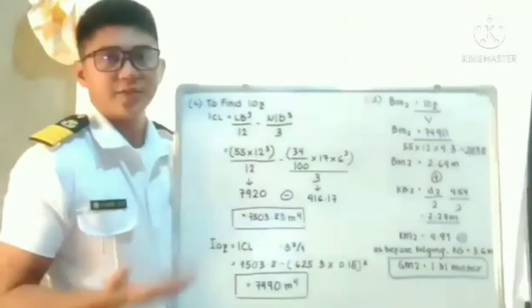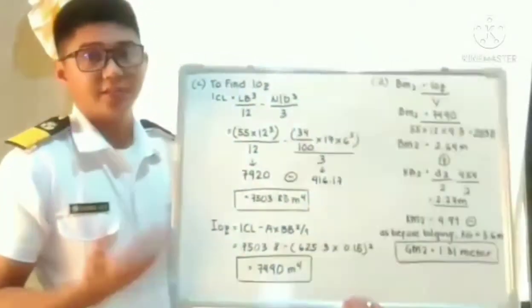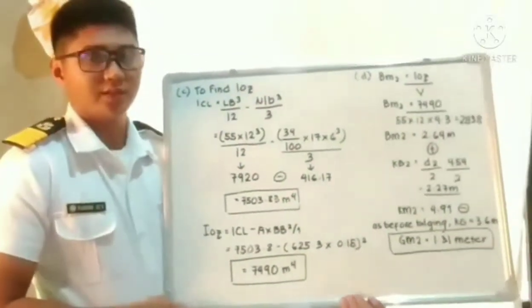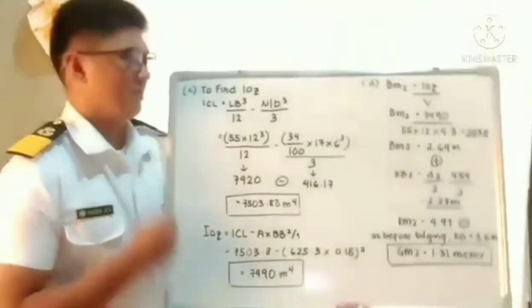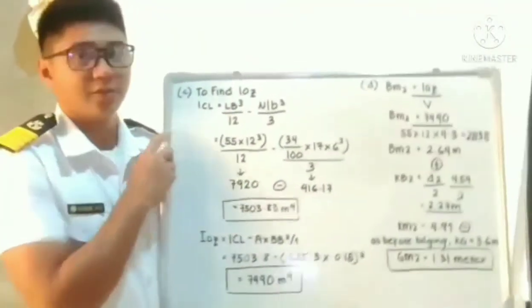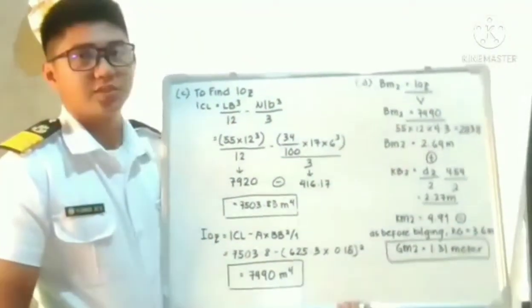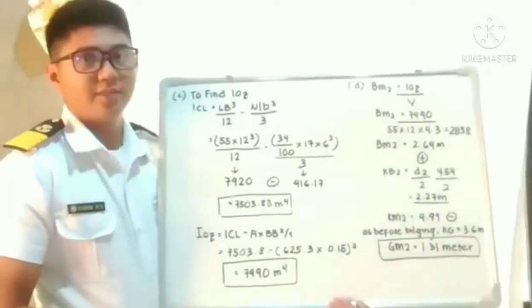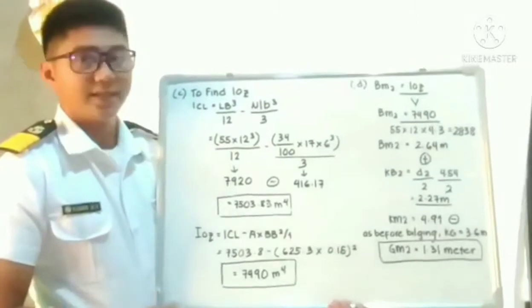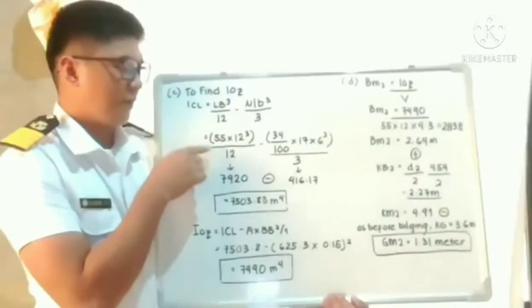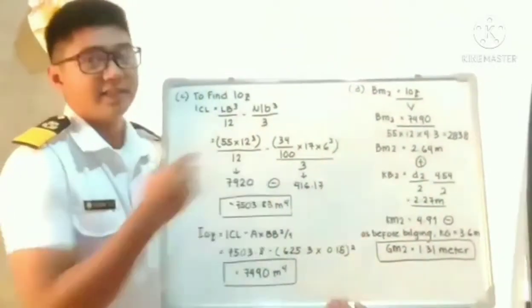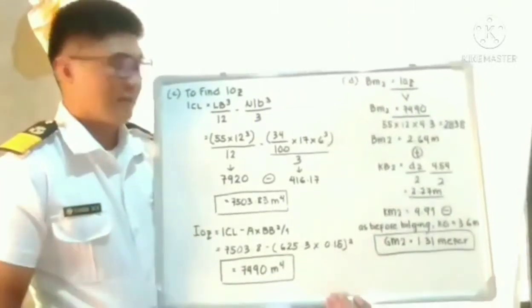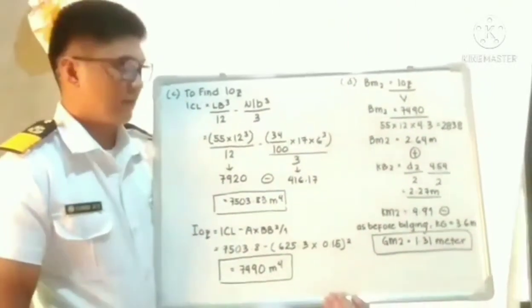Okay, as you can see here, this is the third and fourth procedure to find our list. So C, to find ICL. ICL is equal to LB cube divided by 12 minus permeability times B cube over 3. So we have 55, the length of the box-shaped vessel, times 12 cubed, our breadth, divided by 12.